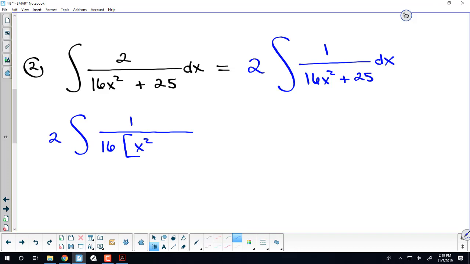So in order to have that as a 1x squared, I've got to factor that 16 out of both of these things. Does that make sense? That's the only way you could do that.